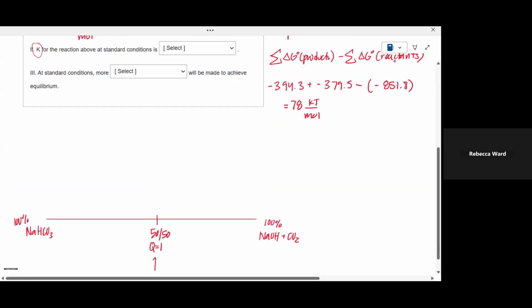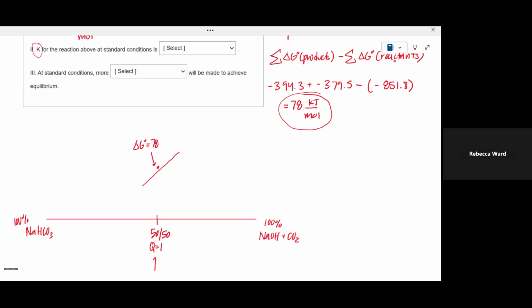So we find at that point that we have a large positive number for our standard delta G, 78. That means that going this direction, because that's how we wrote it, is going to be an increase in Gibbs free energy. So that's non-spontaneous. So I should draw the hill like this.